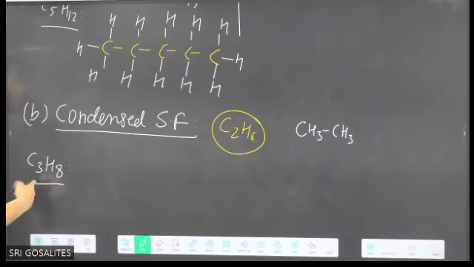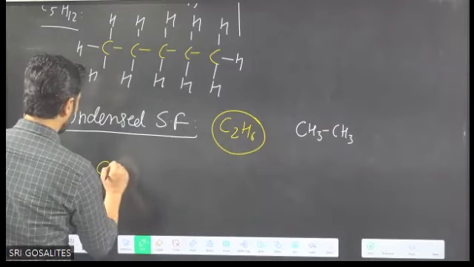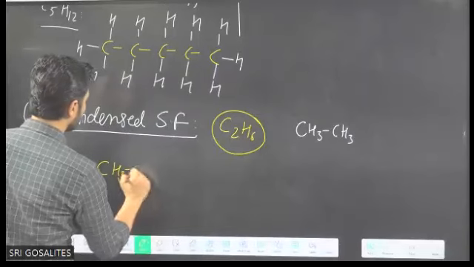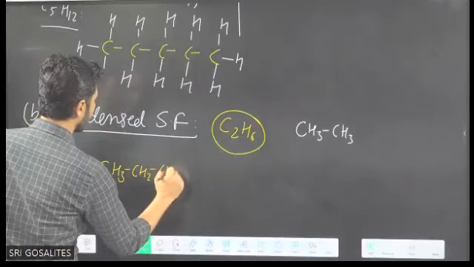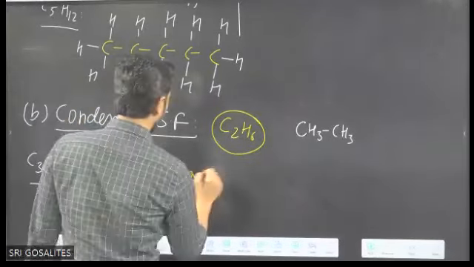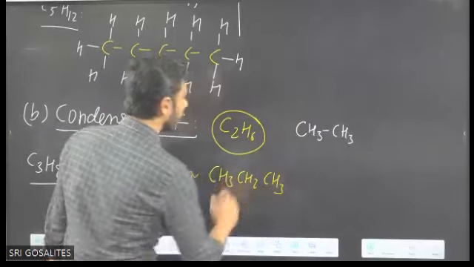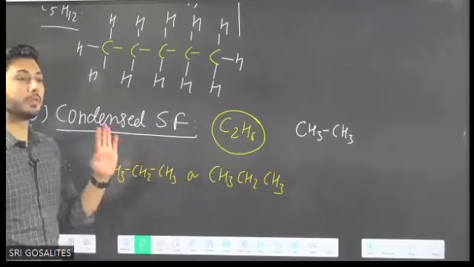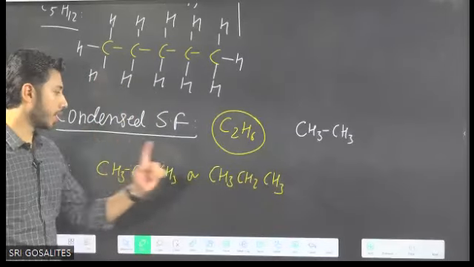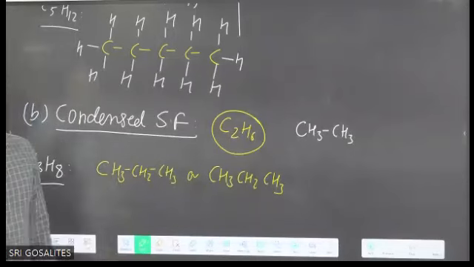C3H8, which structure? It is propane. So how to write it? CH3, CH2, CH3. It is understood that each carbon is bonded with 4 bonds. Each carbon is tetravalent.